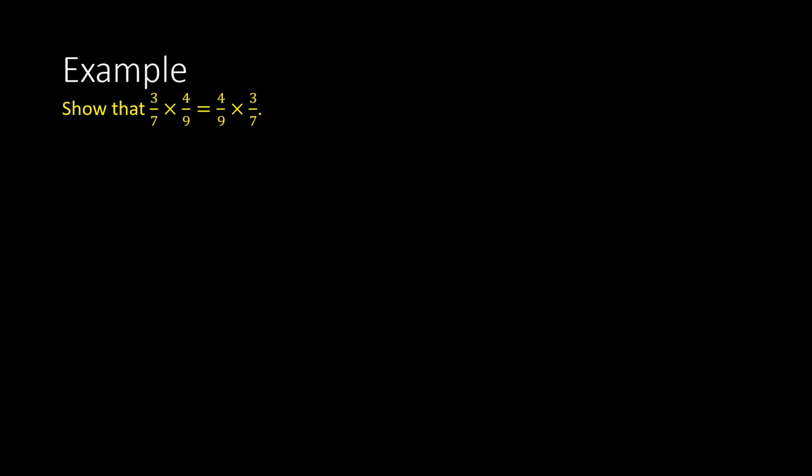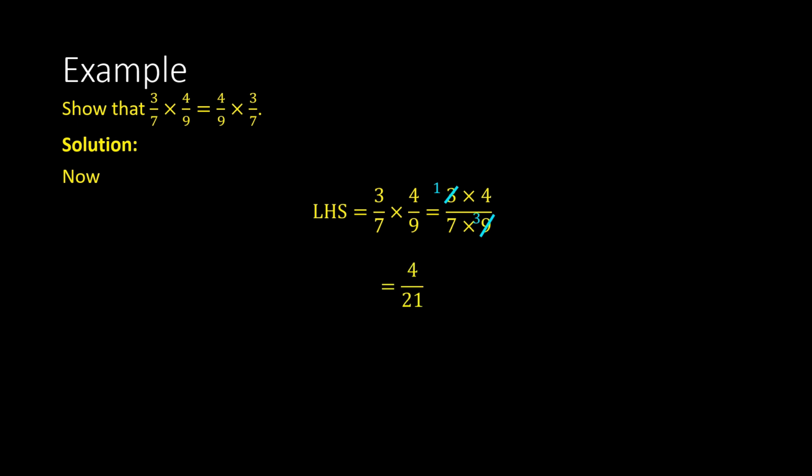First, let's expand or multiply out the left-hand side. Doing so gives us 3 times 4 divided by 7 times 9. The 3 in the numerator cancels out using the 9 in the denominator. Carrying out the multiplication gives 4 over 21.